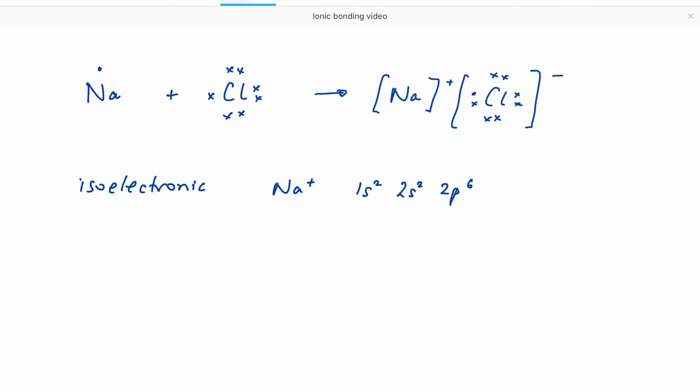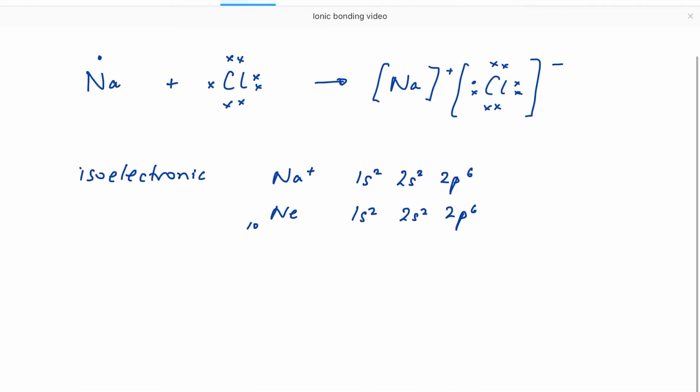It is isoelectronic with the noble gas that preceded it. Neon had 10 electrons, it's always got 10 electrons, 1s2, 2s2, 2p6. So we've got the same electronic structure for the sodium ion as the noble gas atom, neon. They're said to be isoelectronic.